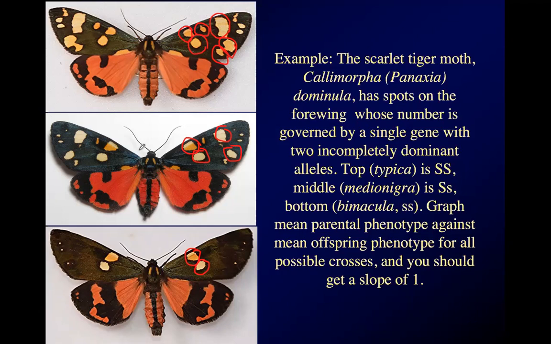But in other species, in other cases, some of what makes your critters genetically different from each other is the effect of gene dominance. And some of what makes your critters different from each other is the effect of gene-gene interactions.